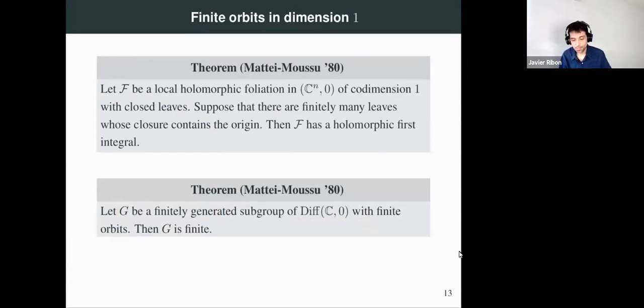When the holonomy group is finite, it is not hopeless at all; it is at least likely to find first integrals. So the point is that for groups of local biholomorphisms in one variable, finite orbits implies stability, implies finiteness of the whole group.